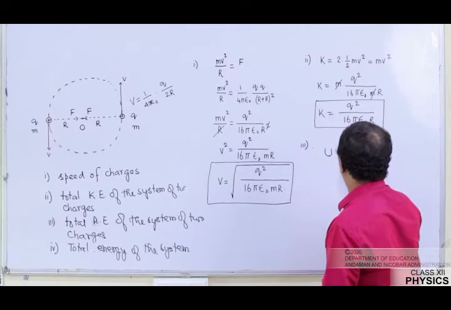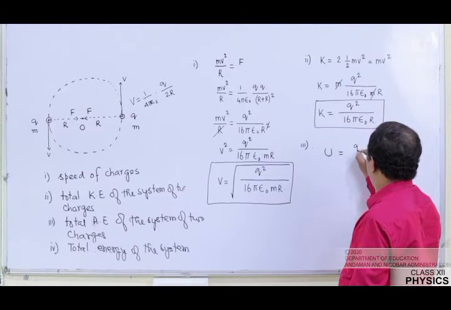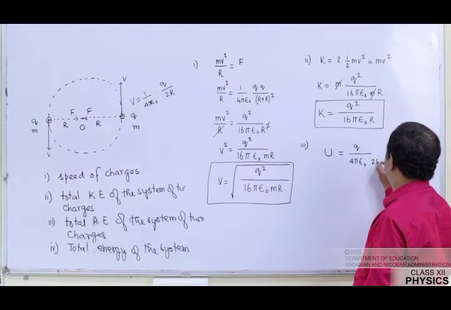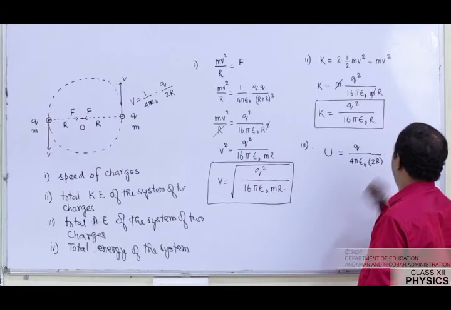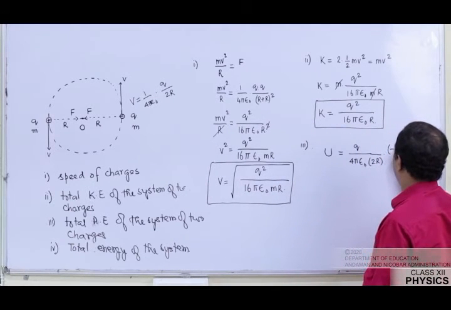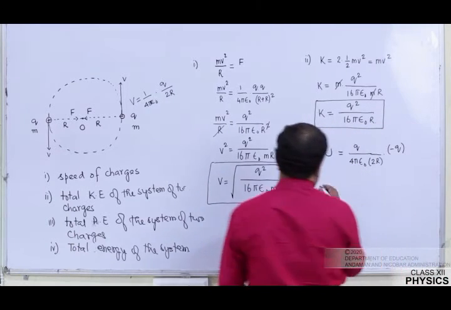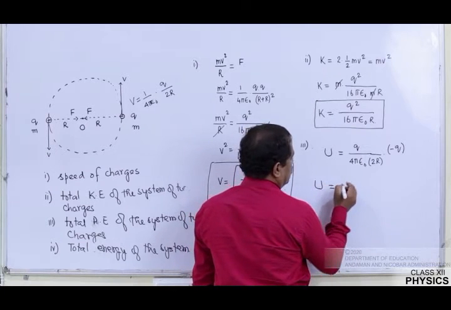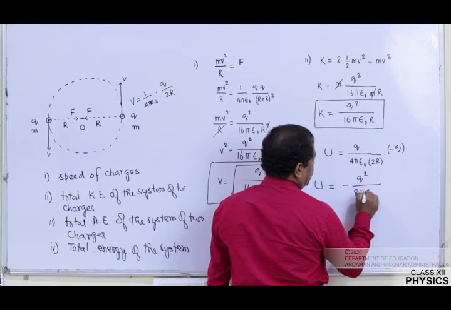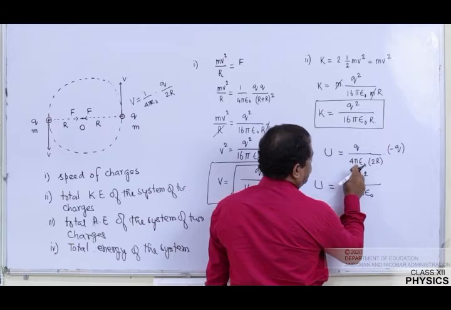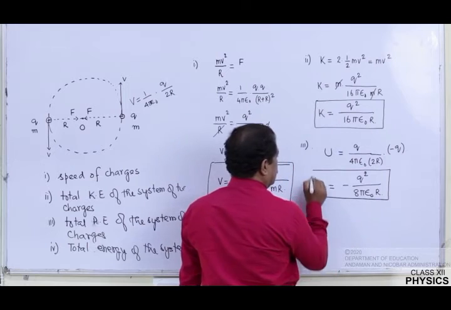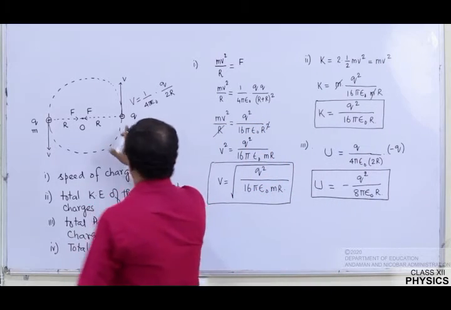So I have Q divided by 4 pi epsilon naught into 2r, the distance, into this charge with the sign, therefore minus Q. Otherwise U is equal to minus Q square by 8 pi epsilon naught, 4 into 2 is 8, pi epsilon naught into R. So this is the total potential energy of the system of the two charges.